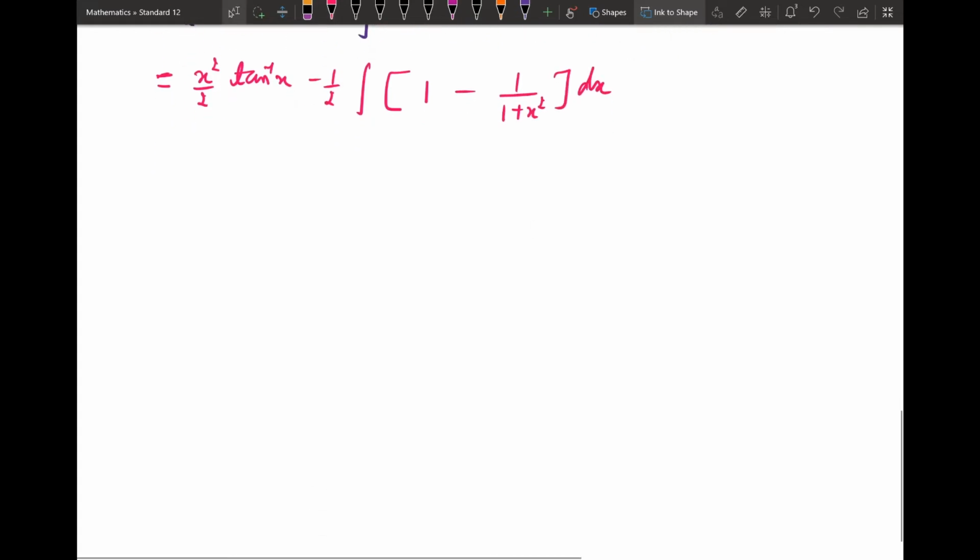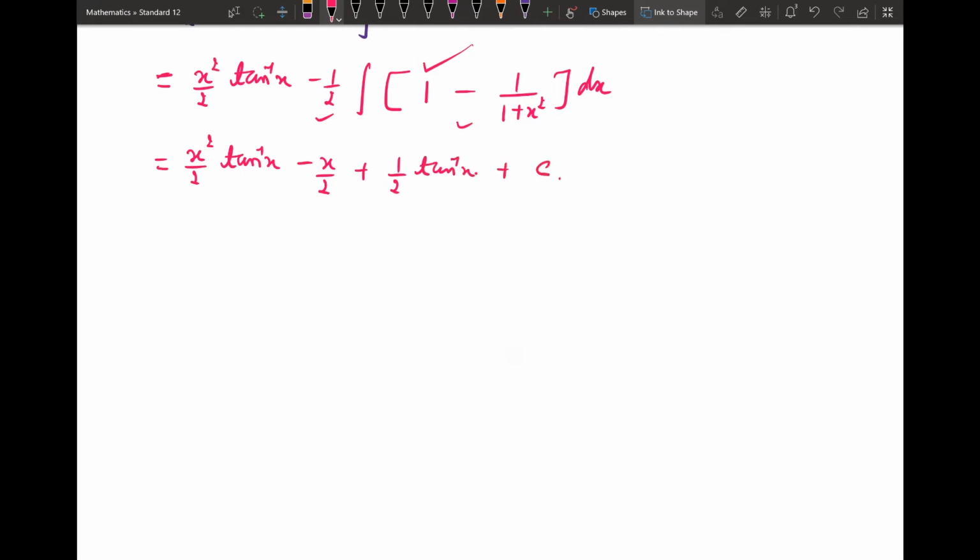So now we can integrate this term wise. So x square by 2 tan inverse x, integration of 1 dx is x, so minus x by 2, minus minus plus 1 half, 1 upon 1 plus x square, its integration is tan inverse x, plus constant of integration.